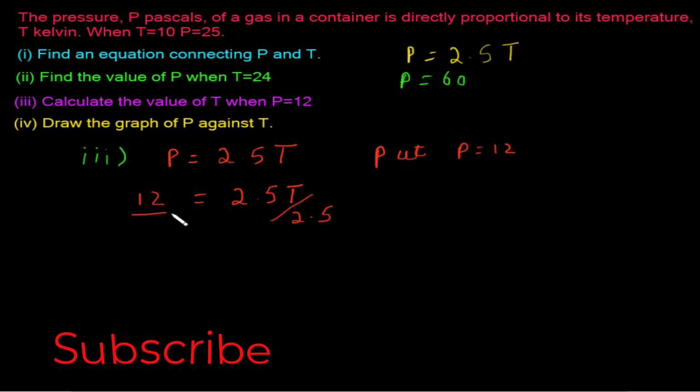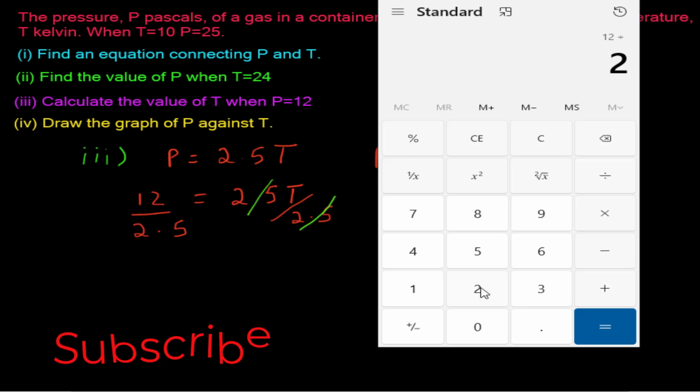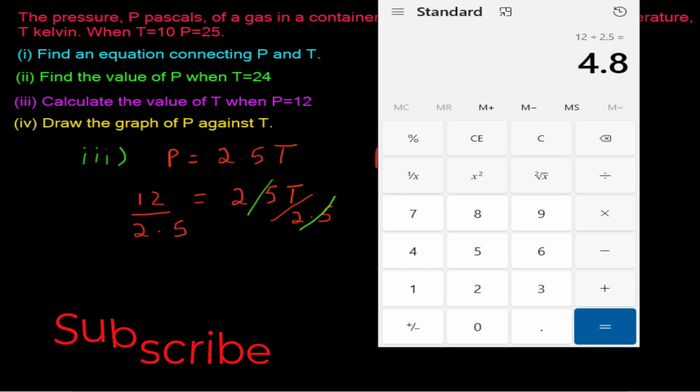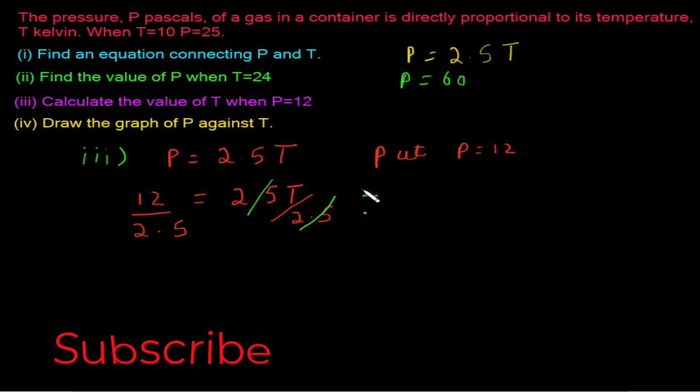The 2.5 cancels with this one, and using a calculator, 12 divided by 2.5 is equal to 4.8. This gives us that T is equal to 4.8.